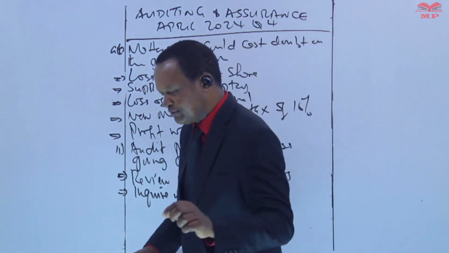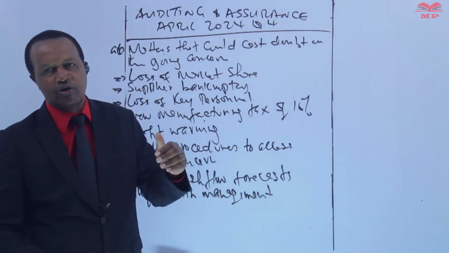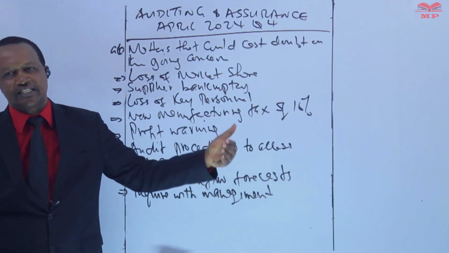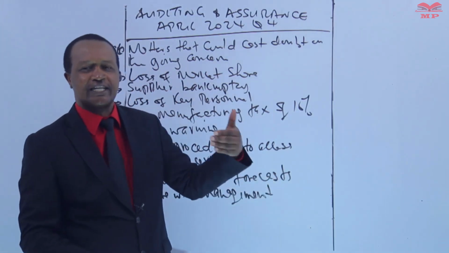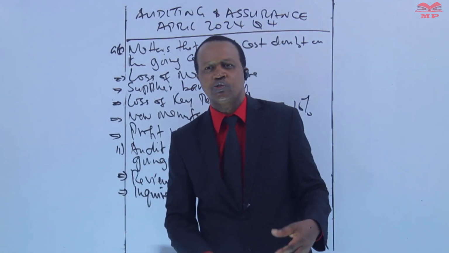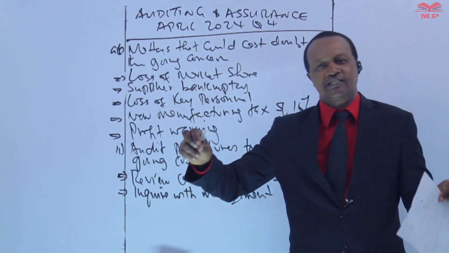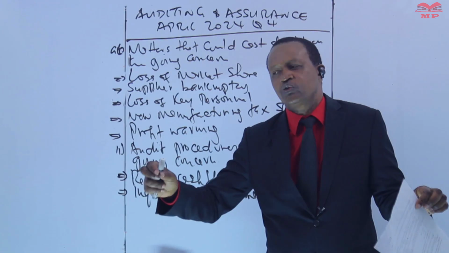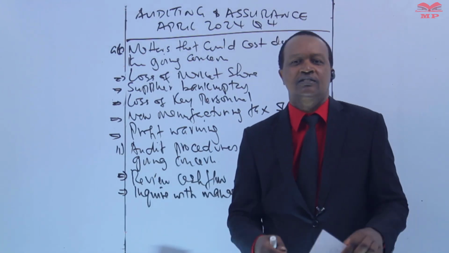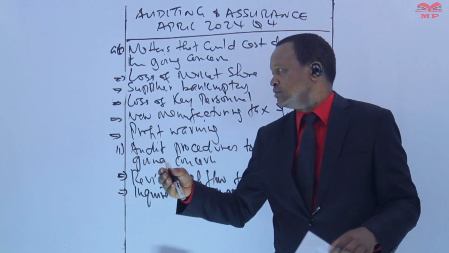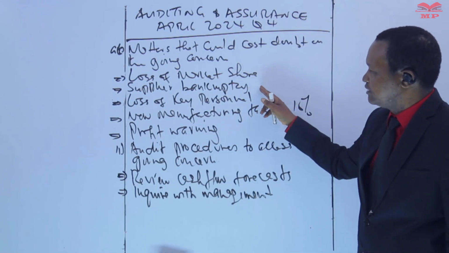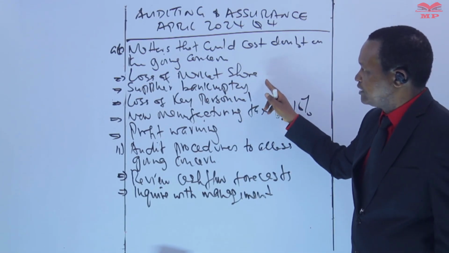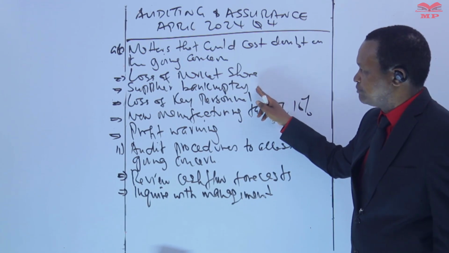What is the management's assessment of the company's going concern status? Ask them what are their plans to mitigate the identified risks, such as securing new customers, finding alternative suppliers, because the main supplier has been declared bankrupt. What is their plan?